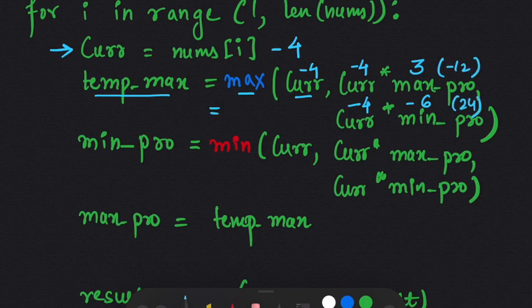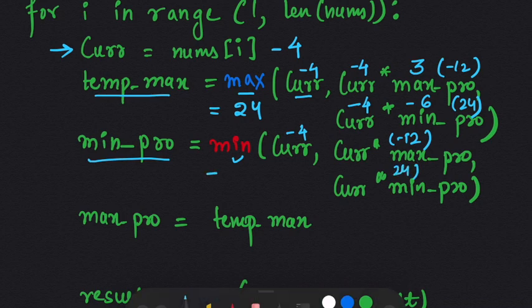So maximum of minus 4, minus 12, and 24 is 24. Next, we come to a minimum. So we need to pick the minimum of cur, which is minus 4, cur into maximum product, which is minus 12, and cur into minimum product, which is 24. So the minimum of all three is minus 12, and that's my minimum product.